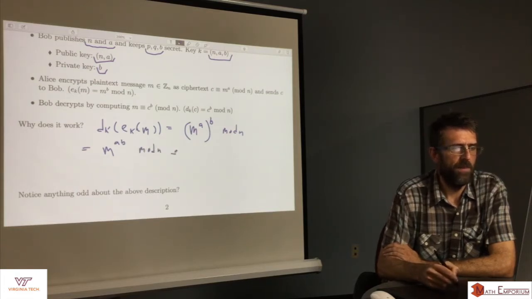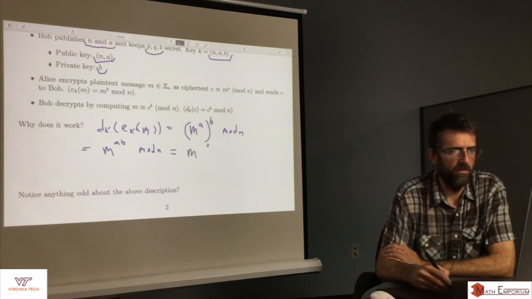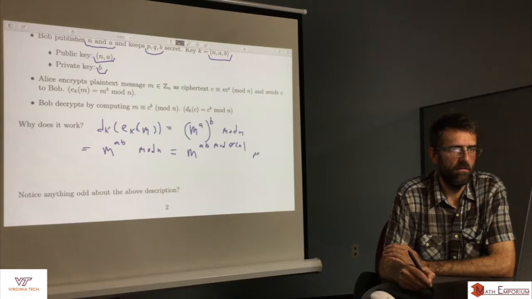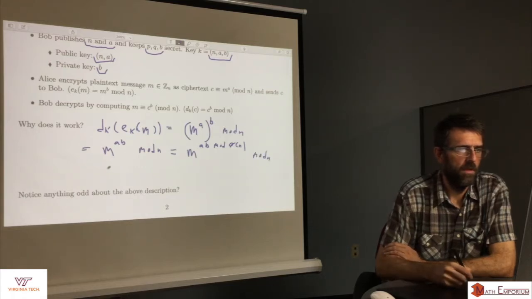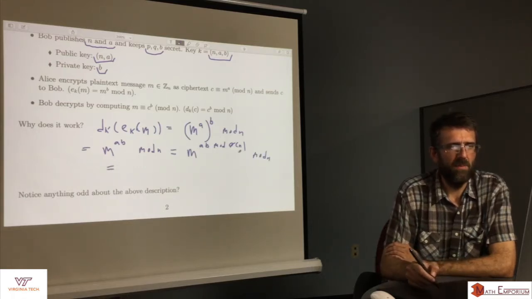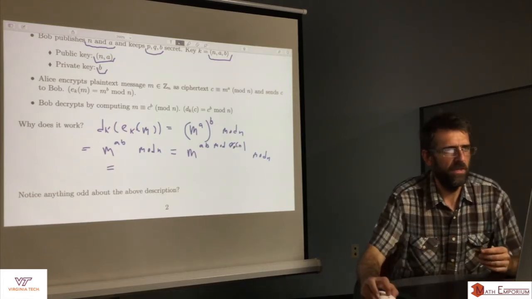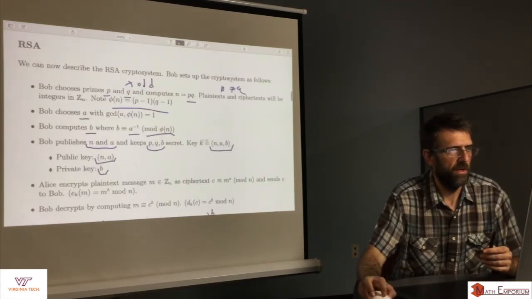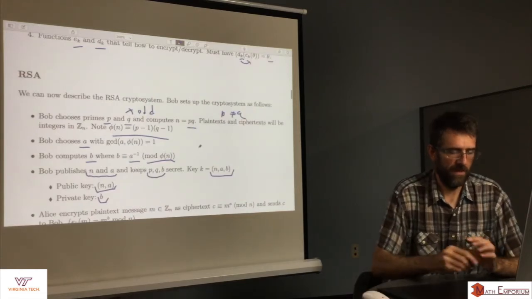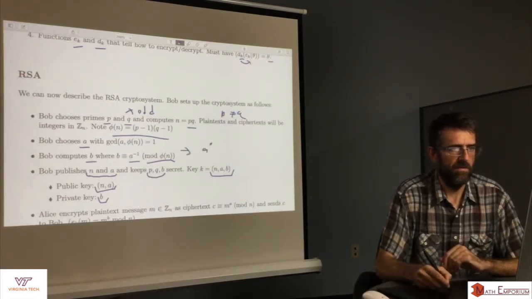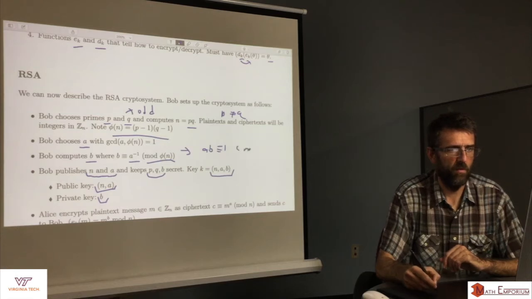But by what we saw above, this will be the same if we reduce that exponent mod phi of n. But what's A times B reduced mod phi of n? Well, how were A and B chosen? They were chosen to be inverses of each other, mod phi of n. Another way of saying that is A times B is congruent to 1 mod phi of n.